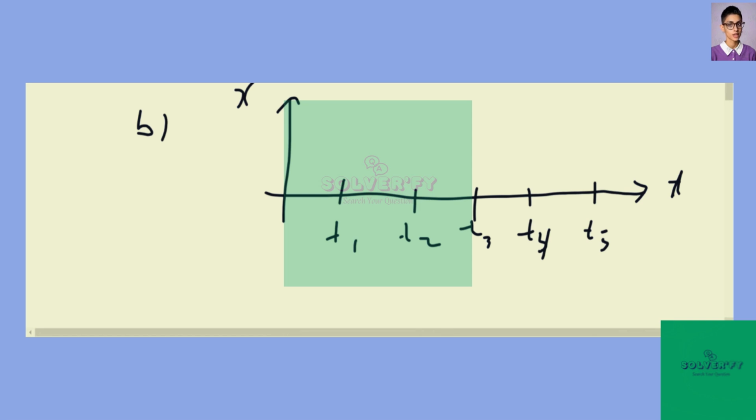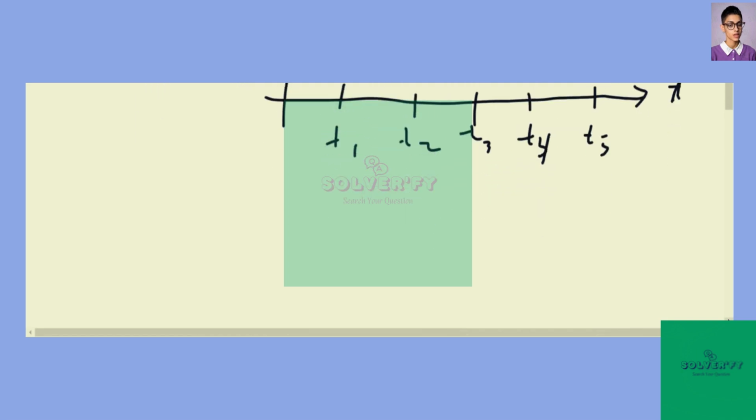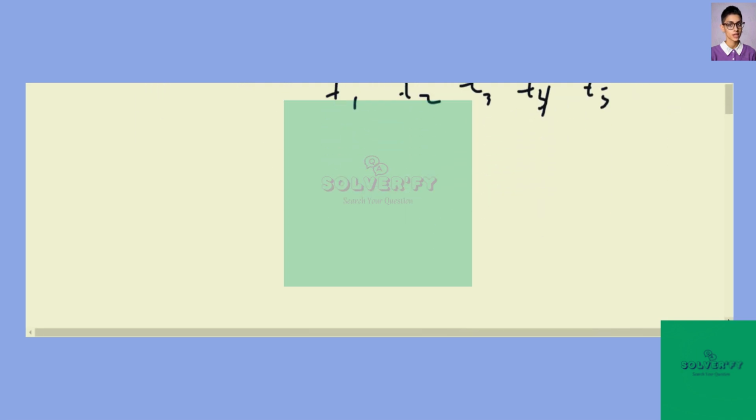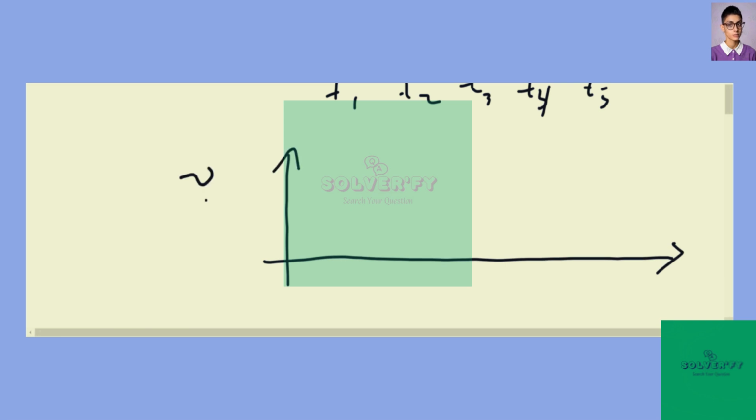The position increases linearly with time, the velocity is constant because the separation is constant and delta t is constant.